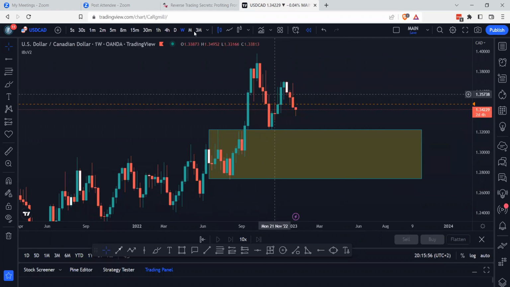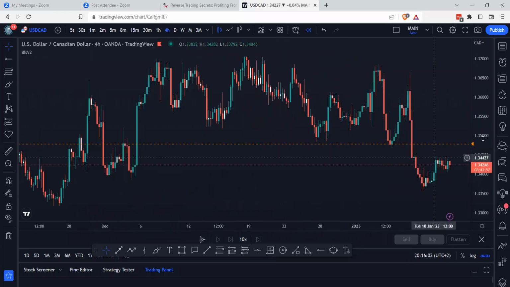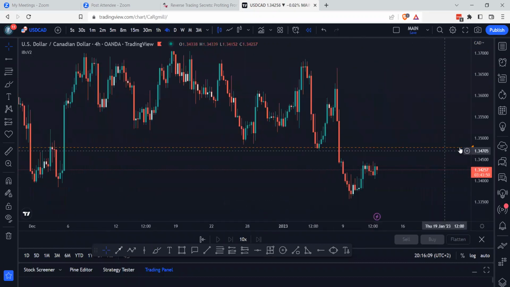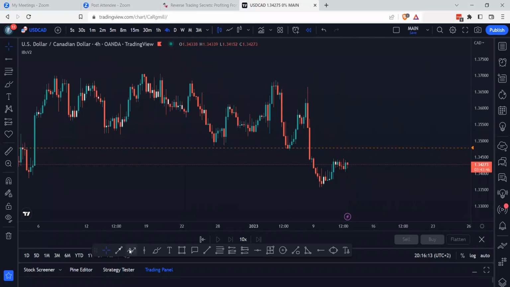So once we know that, let's go to the 4-hour chart and spot possible entries. Okay, so we have this particular structure on the lower time frame, 4 hours right now. And then what is price doing? Price is currently retracing on a downtrend. So let's take this most recent trend here.